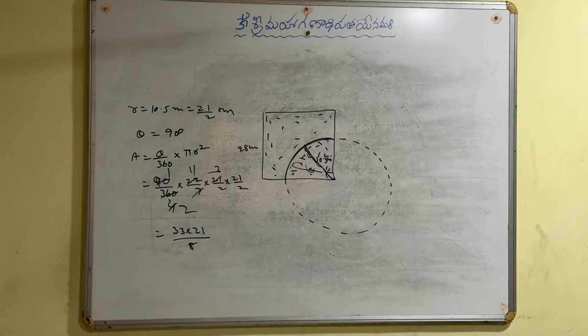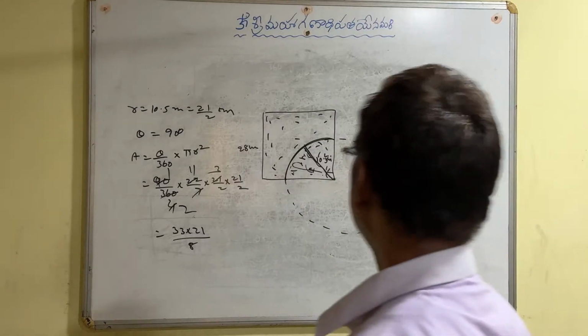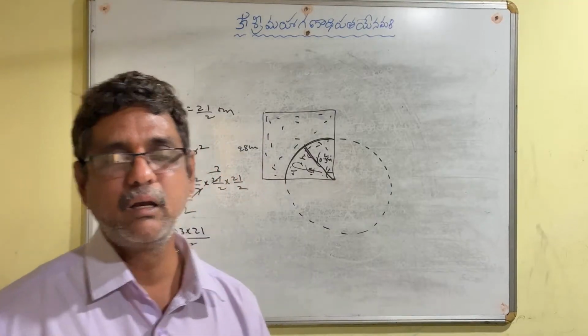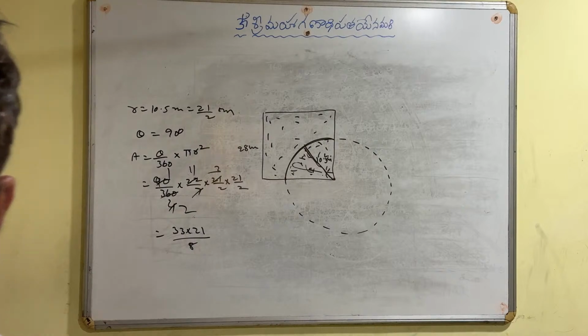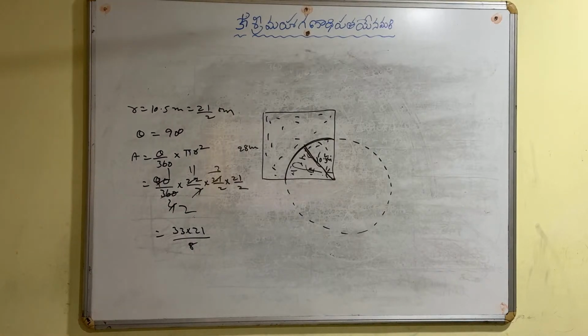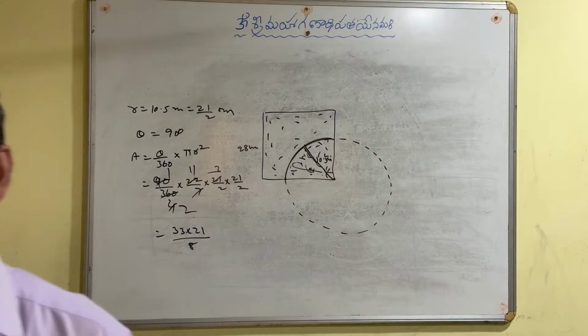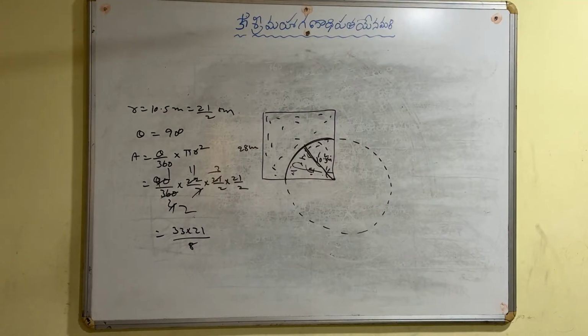If the length of the rope was increased by 3.5 meters, then how much more area can the cow graze?